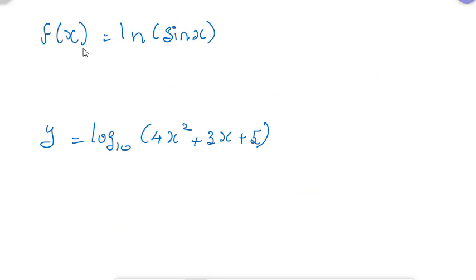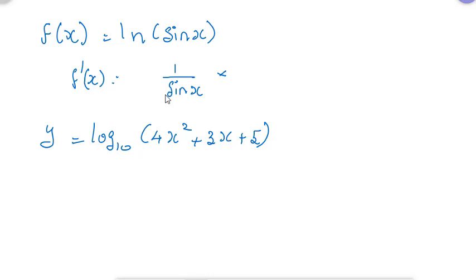Next question: f of x is ln of sin x. I have to find the derivative of f of x, so I write f dash of x, which is equal to, since it is ln, 1 by sin x.